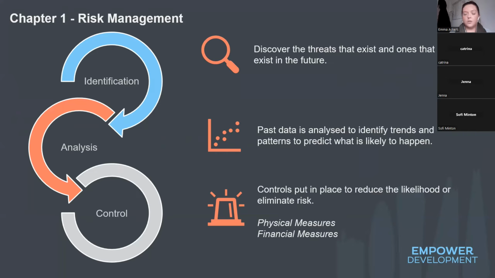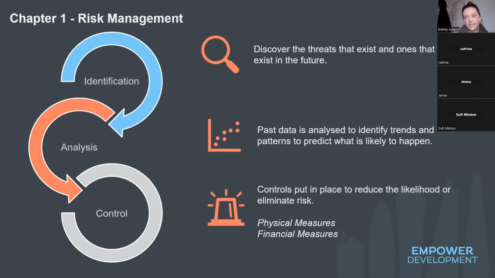That allows them to give their shareholders confidence in the business, and it helps them as well to reduce their insurance, because businesses need insurance as well. So when we identify risks, this involves looking for the threats that exist and maybe even ones that might happen in the future as well. Not all risks are going to be insured, but you can still manage those risks.